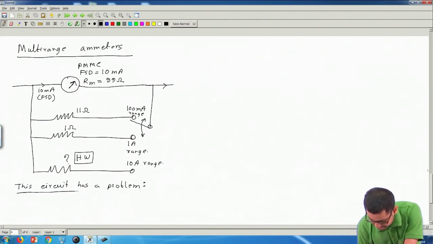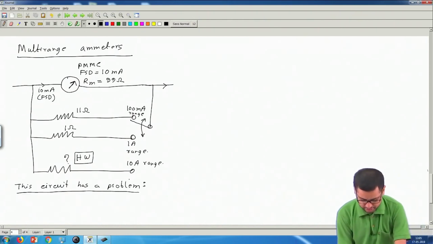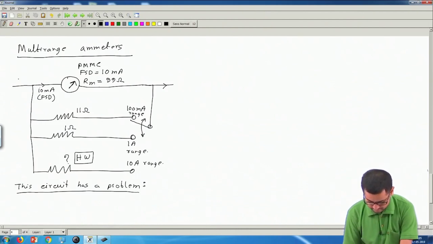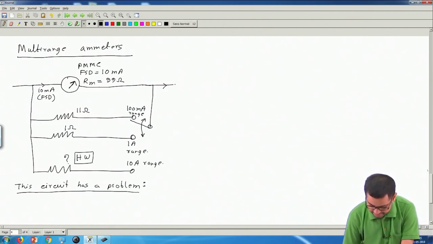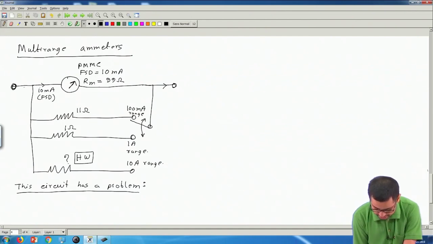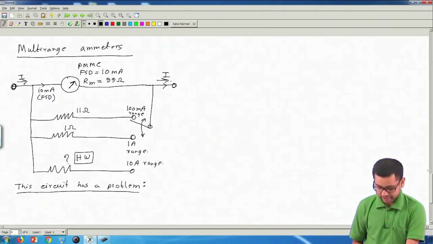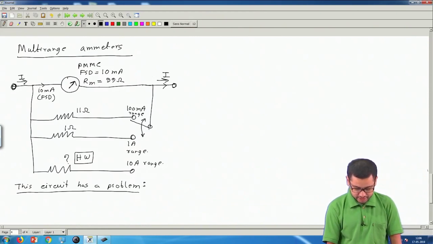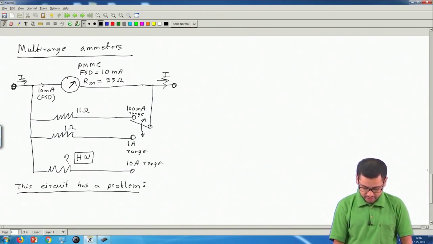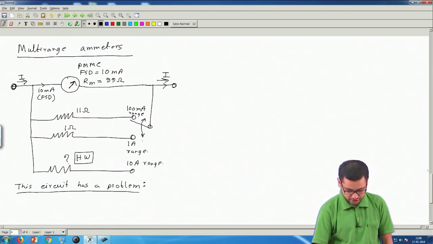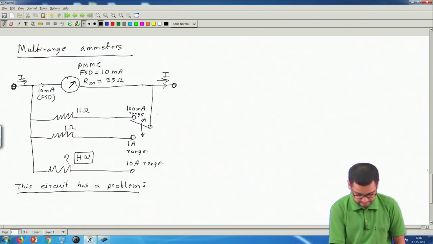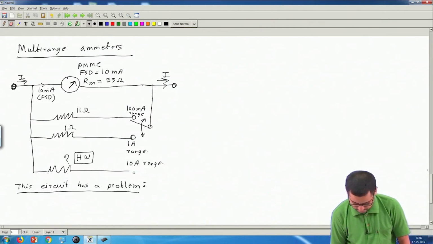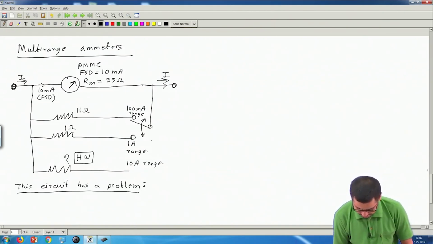The problem is, suppose I am measuring some current which is flowing, which is I, and then during the measurement I find that the chosen range is not suitable. Therefore, I am changing the position of this switch. Okay. So, let me draw this here.